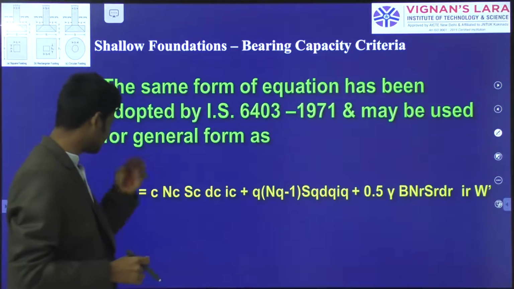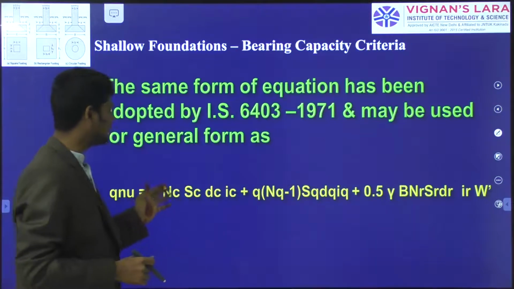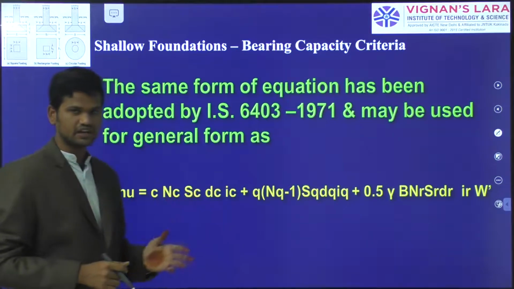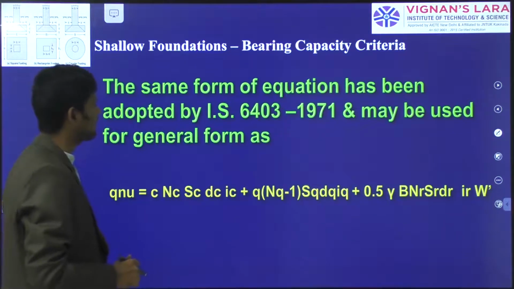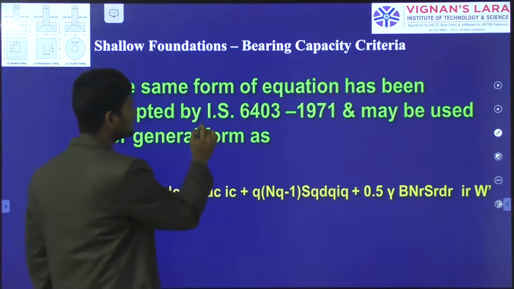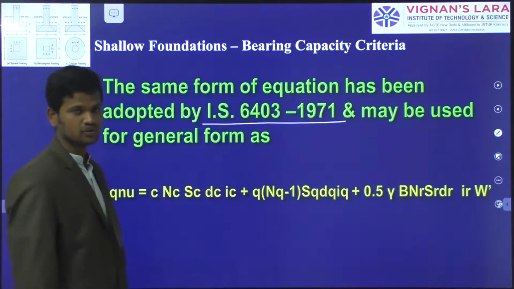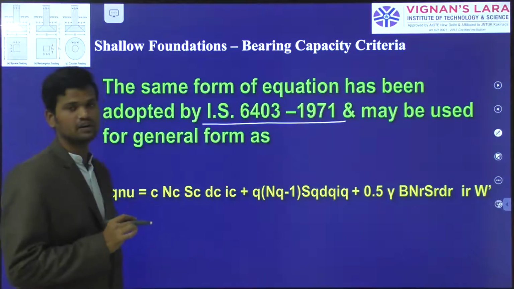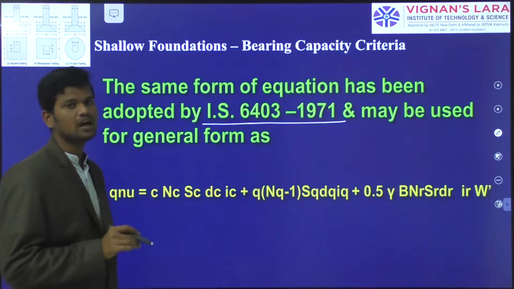While solving some example problems, I will show the various shape factor, depth factor and inclination factor values. The same form of equation has been adopted by IS 6403, the most important code for calculation of ultimate bearing capacity by the IS code method.